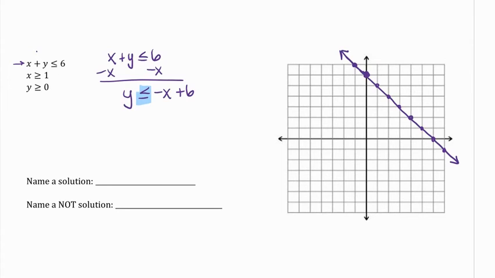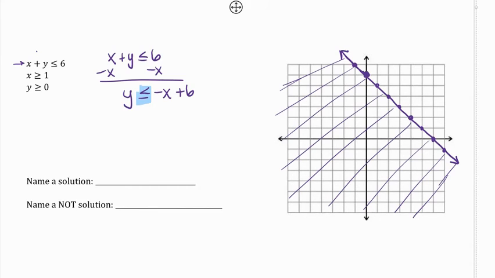Right. Okay, so there's our first one. And it said less than or equal to, right? So that means I want to shade below the line. I'm going to go this direction. And again, shade lightly for these first few, or if you're using different colors or however you're going to do it, that helps.